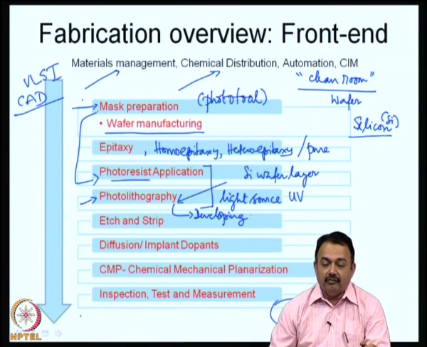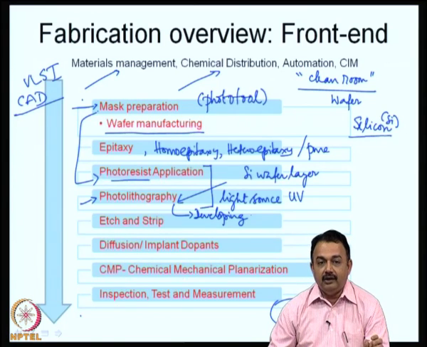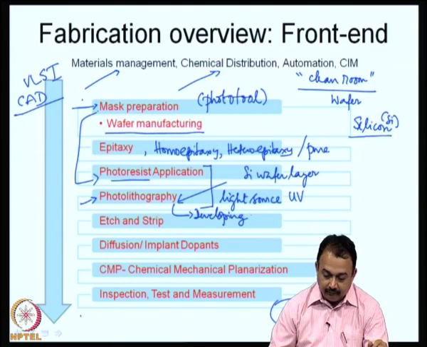Okay. So, this is a very important step. Defining your image on the substrate using photolithography will be a very important step in the transfer of the image, and therefore, the yield rates are very critical at this point.